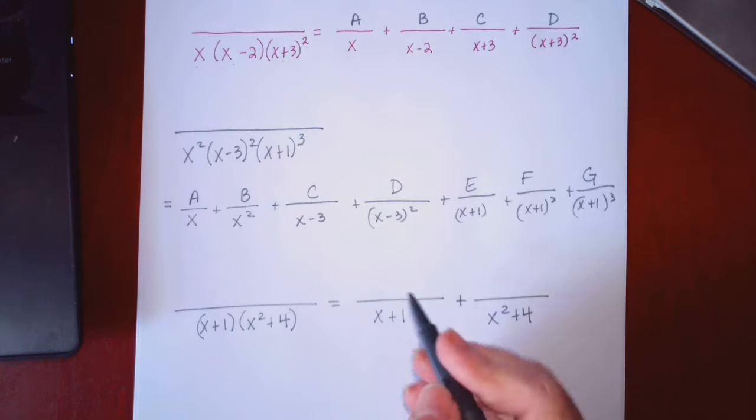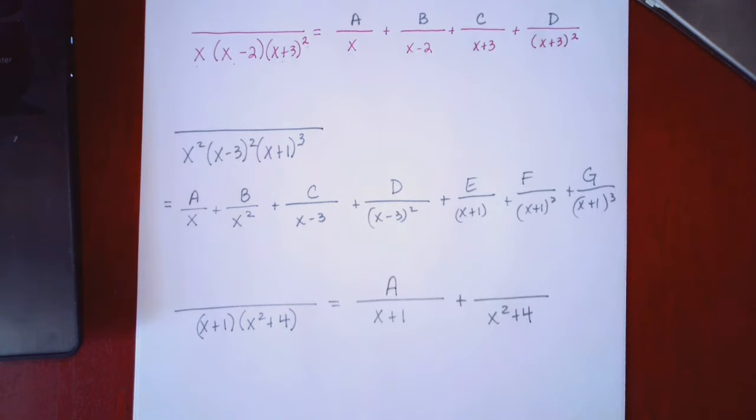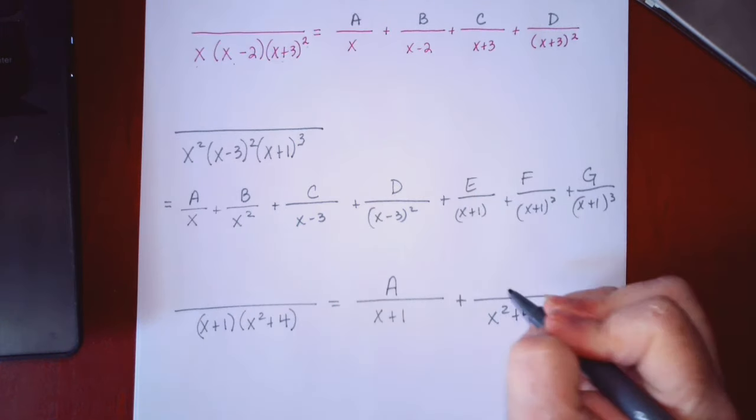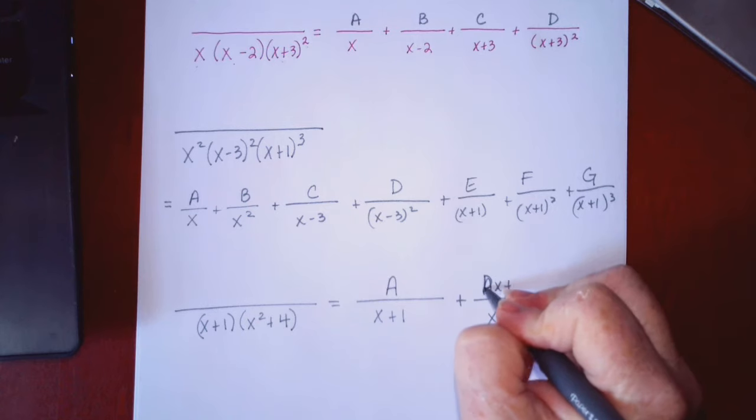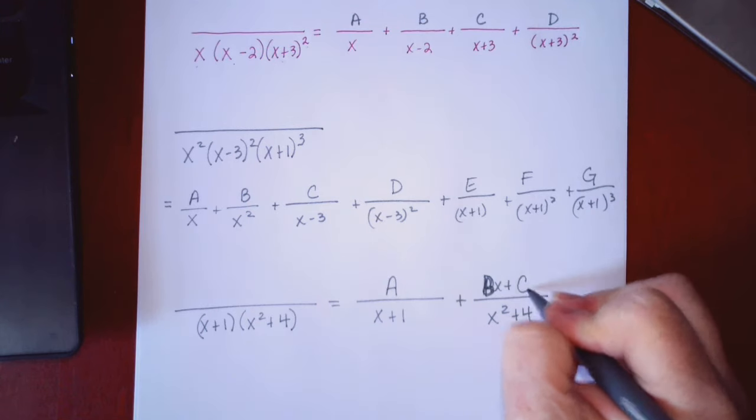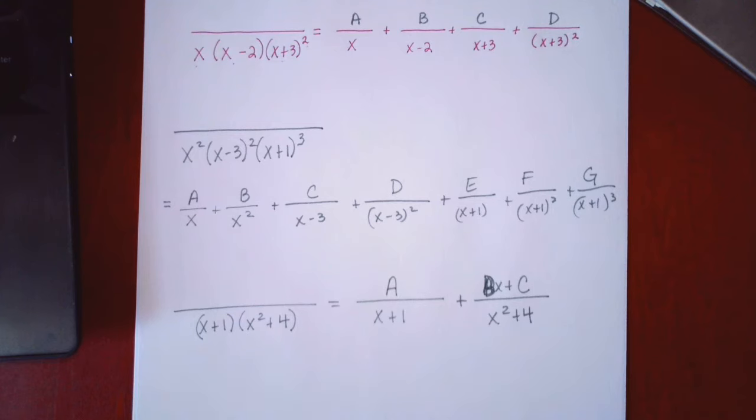Since this one is linear, my numerator would be just a constant. This is an irreducible quadratic, and so the numerator would be bx plus c, or we would have a linear numerator there.